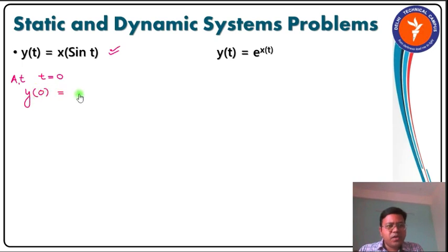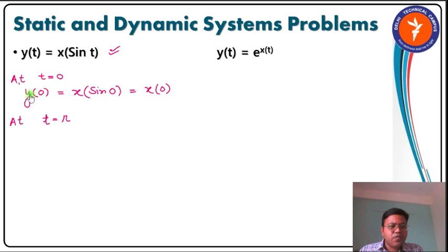So y of 0 will be x of sine 0. X of sine 0 will be x of 0, as sine 0 is 0. Now this equation is stating that the present output is dependent on present input. Let us check this at other time instants. Say at t equal to pi.